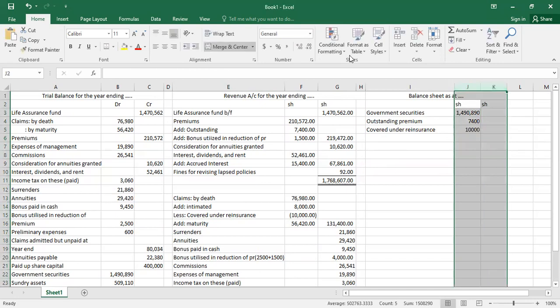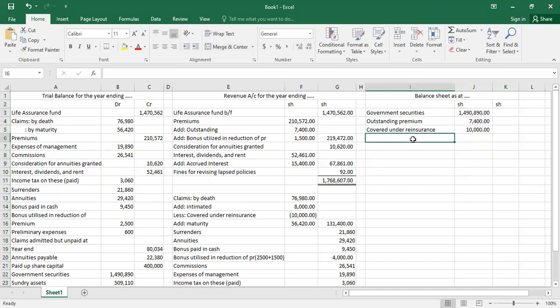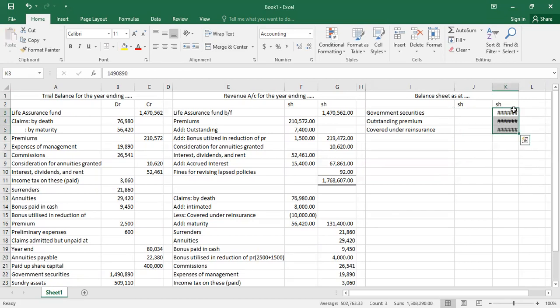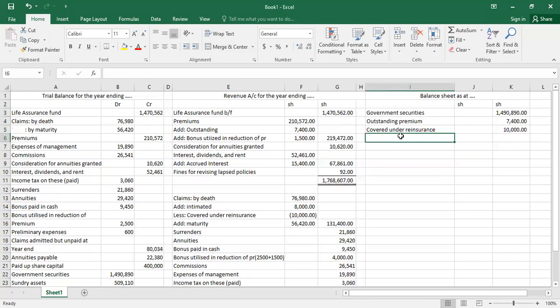I'm actually supposed to put them on this side. You had the claims covered under insurance. It will be an asset to the reinsurance company. I have the accrued interest here of 15,400. It's also an asset.